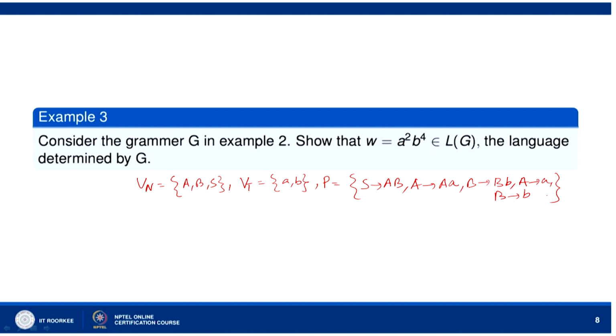Now, we have to see whether W equal to a square b to the power 4 belongs to L(G). So, we start with S.